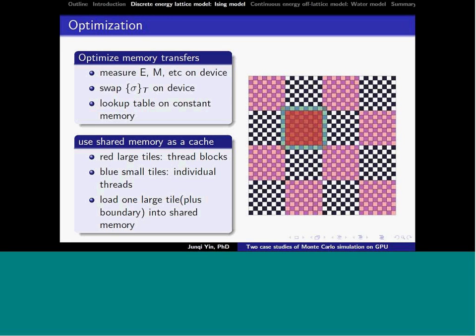If you zoom out, it's actually another checkerboard, and this big red tile you can define as a thread block, which means you can load the spins of this red tile from global memory to shared memory once. Once you load the memory, you do the spin updates within this red tile. That is the way you use shared memory as a cache.